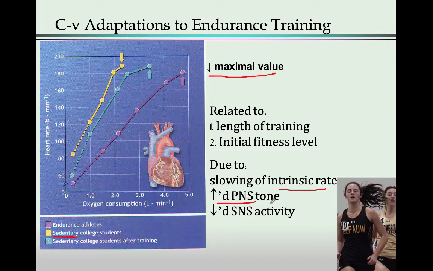Remember, PNS is rest and digest, and so it helps to decrease heart rate, especially post-exercise, but even at rest and even during exercise. And then less important, but still plays a role, is the sympathetic nervous system activity doesn't go up as much for submaximal exercise as it did before training.